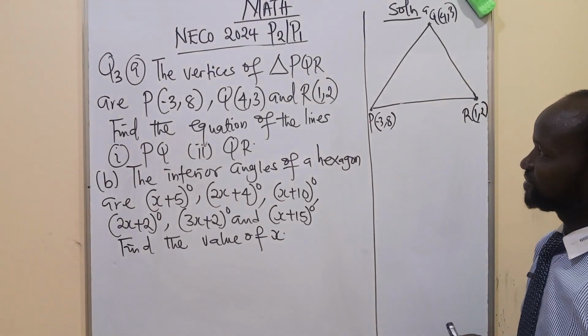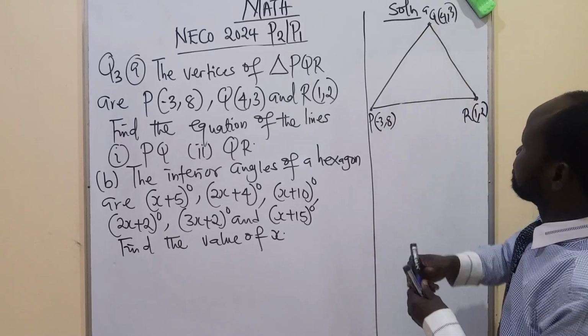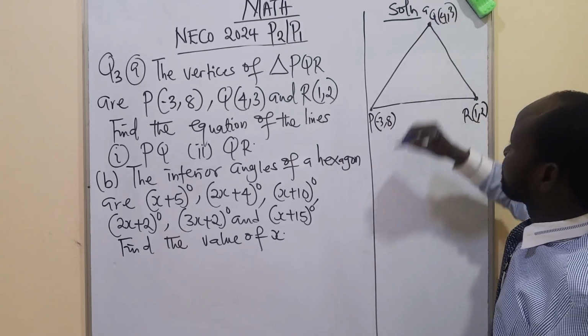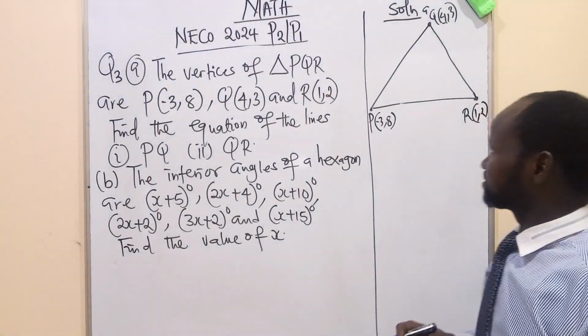Next, we are asked to find the equation of the line P to Q. What will be the equation of this line?